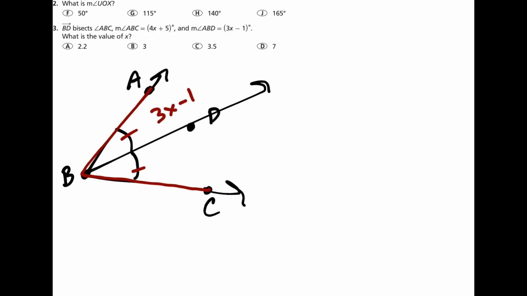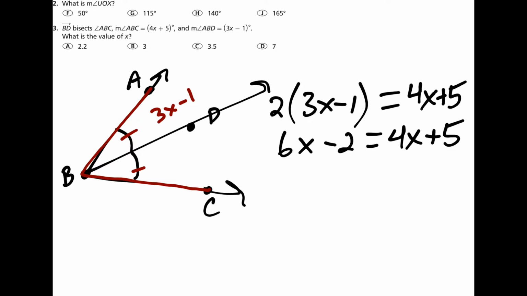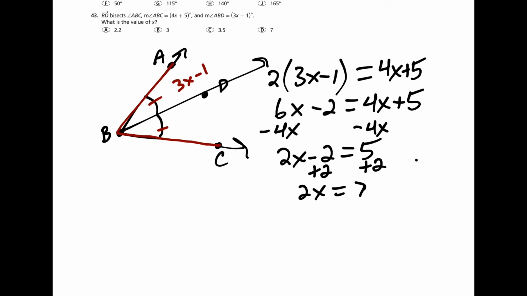So I can write out my equation, 3x minus 1 times 2, or I could add it twice, either way. And it's equal to 4x plus 5. I distribute the 2 to each term inside of the parentheses. I'm going to move my variables to the left side of the equation. I'm going to move my numbers to the right. I divide by 2, and x is equal to 3.5.